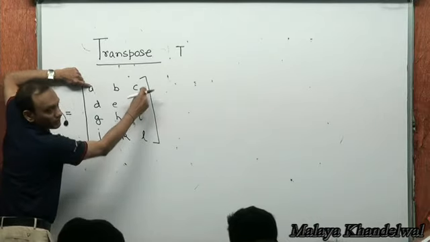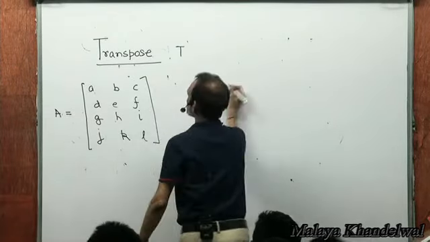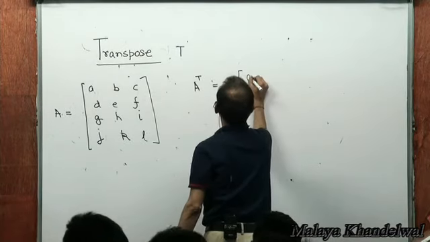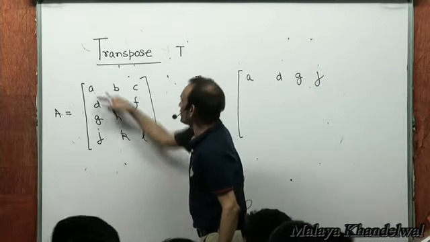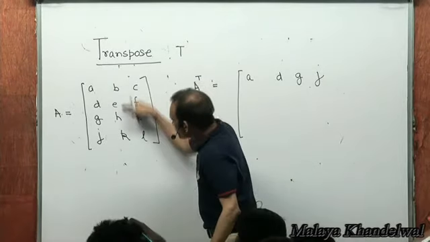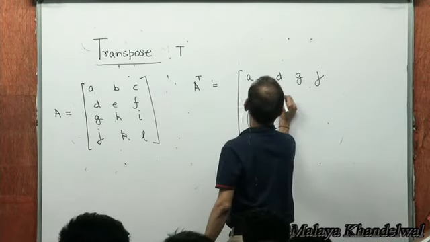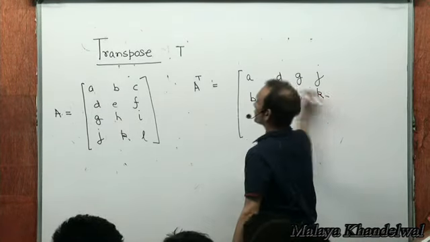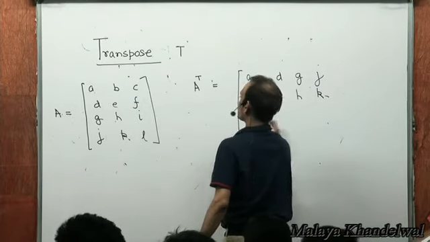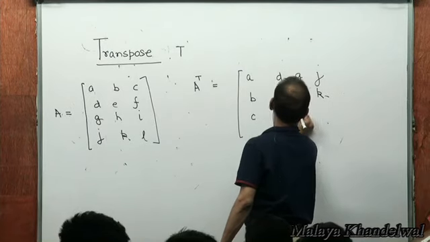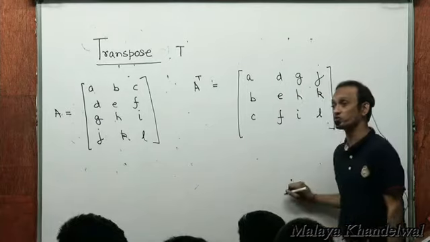The first column will become the first row. So A transpose would be like A, D, G, J. The first column would have become the first row. The second column will become the second row. The third column will become the third row. That's a transpose of a matrix.